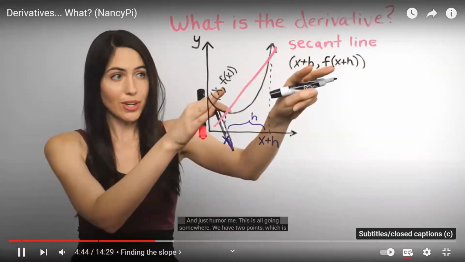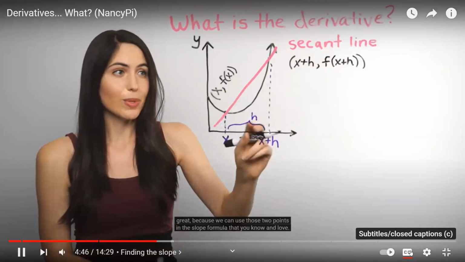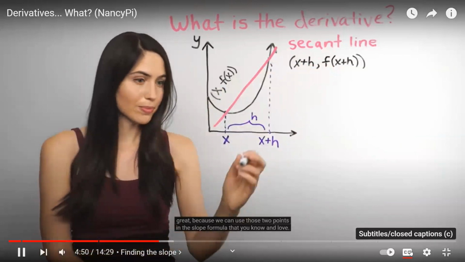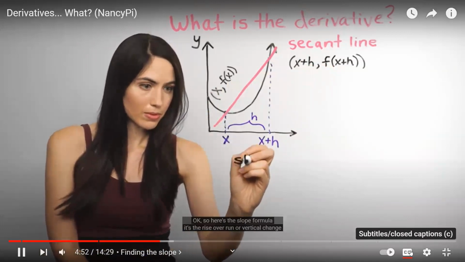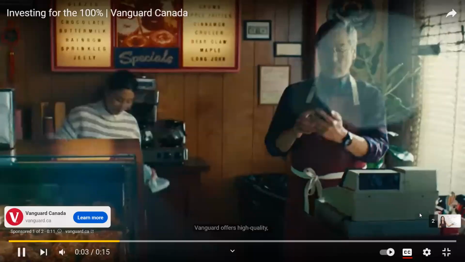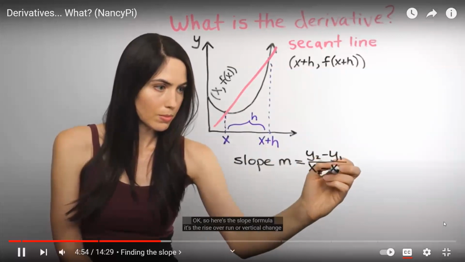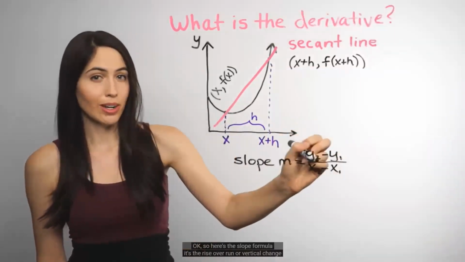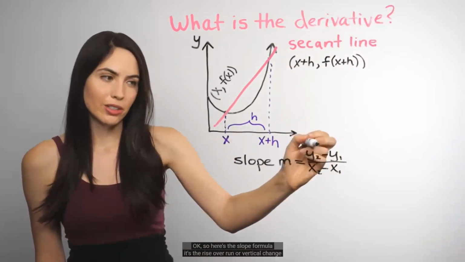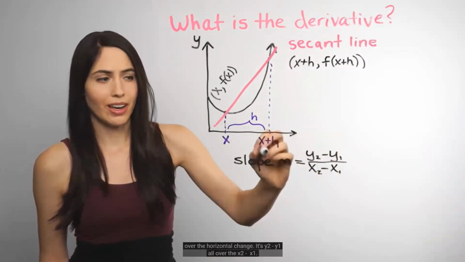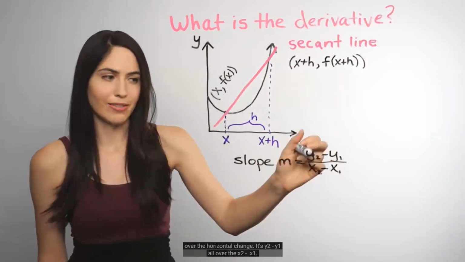We have 2 points, which is great because we can use those 2 points in the slope formula that we know and love. The slope formula is the rise over run, or vertical change over horizontal change. It's the second y minus the first y all over the second x minus the first x.